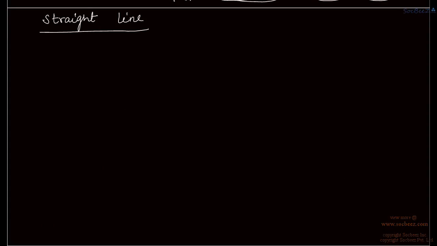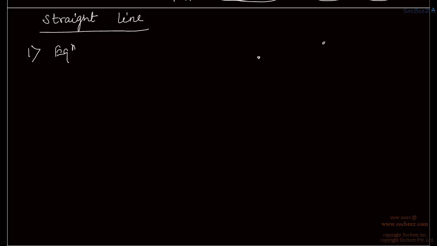Okay, now moving toward the equation of lines, straight line. We've already defined direction cosine, so now straight line. Say we have a point and a direction cosine of a given line.